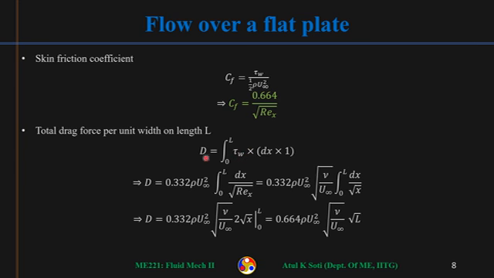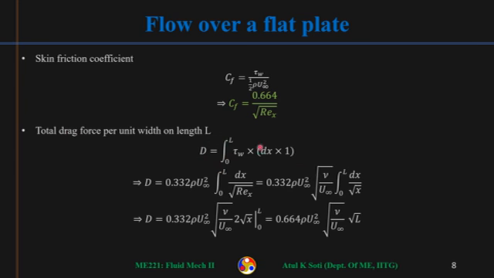The force is stress times area. So the total drag will be simply, you consider a small area on the plate at a distance x of thickness dx. Its area is dx into 1, where 1 is the unit width in the z direction. So wall shear stress times area, that is the drag force on a small element on the plate, and then you integrate that from 0 to L. So that will give me the complete drag force on the plate.